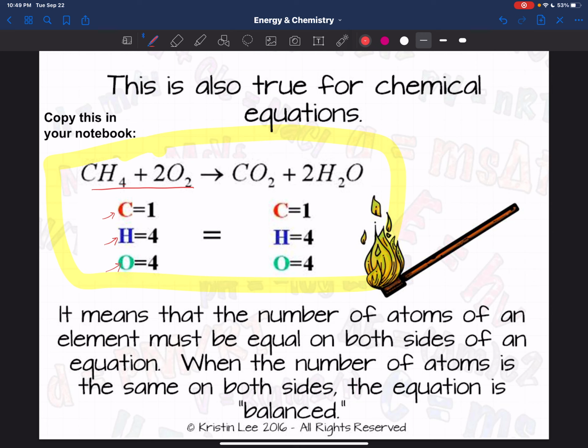On the right side, which is your products, you also have 1 carbon, 2 groups of 2 hydrogen, so that means 4, and you've got 2 here and 2 here, so that's also 4. So this is balanced. If it's balanced, it follows the law of conservation of mass or matter.